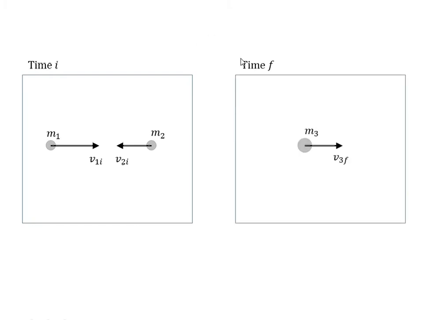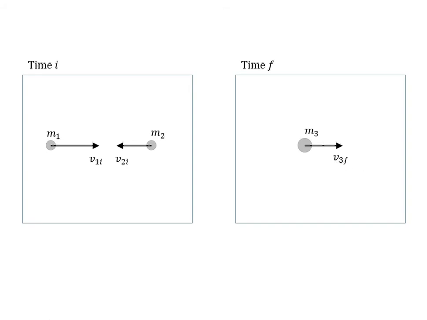And in the final situation, the two objects stick together and form a new object. The M3, that new mass, however, is just going to be the sum of the separate masses, the M1 and the M2, so M3 equals M1 plus M2. It moves off with some final speed.